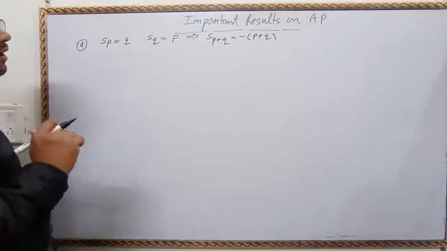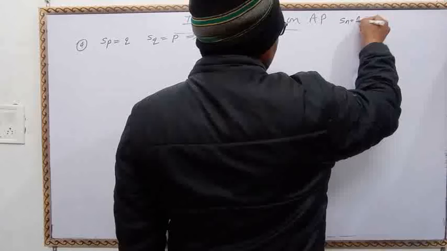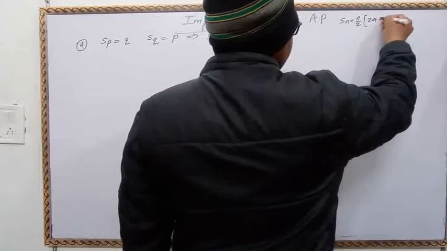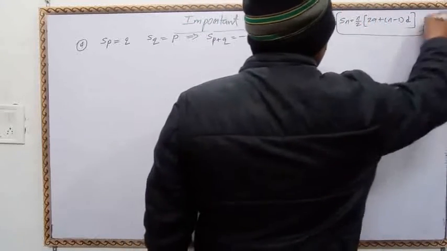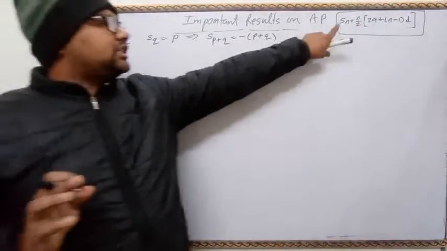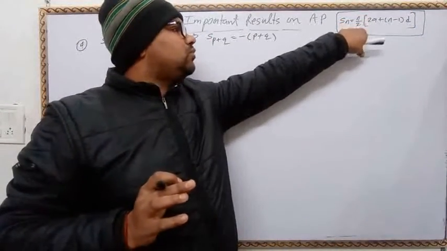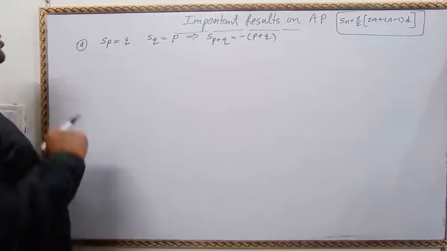Very easy. I hope you all know the formula Sn equal to n by 2 times (2a plus (n minus 1) into d). You all know very well the sum of n terms of an AP. So what is the concept?